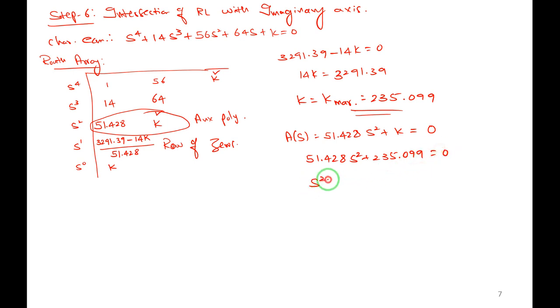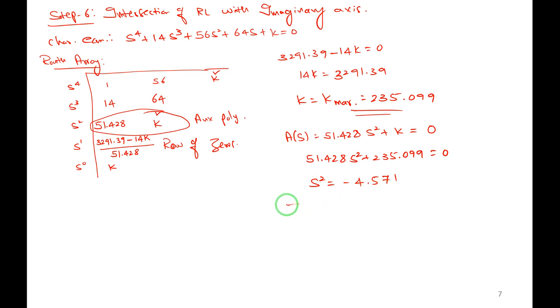So we will calculate what s square is. s square is equal to minus 235.099 divided by 51.428, which goes to the other side as minus. So I am getting minus 4.571.